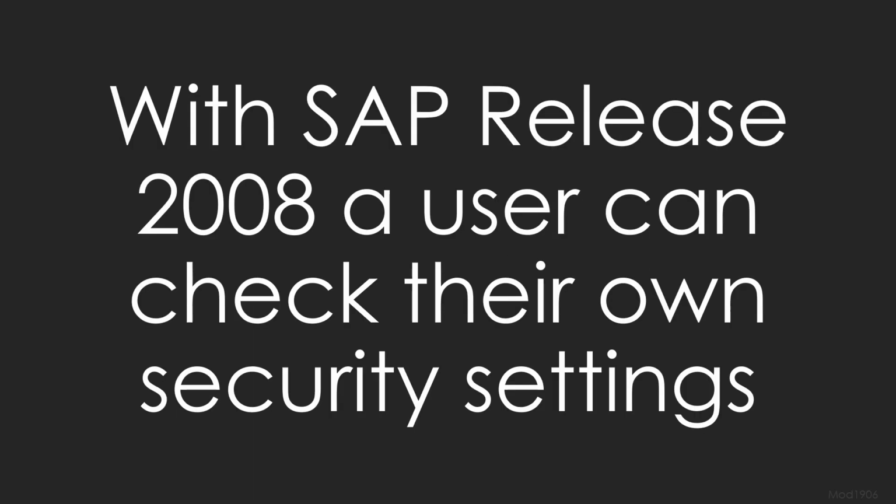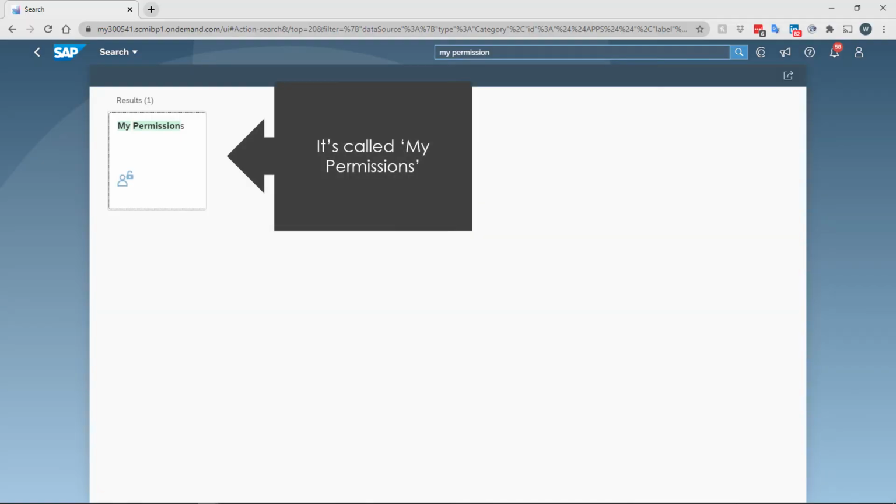Troubleshooting. With SAP release 2008, that's August, that went live in August of 2020, a user can check their own security settings. So it's called My Permissions. You can either find it pretty much at the bottom of all your tiles, or you can search for it in the bar up above by just searching for permission.